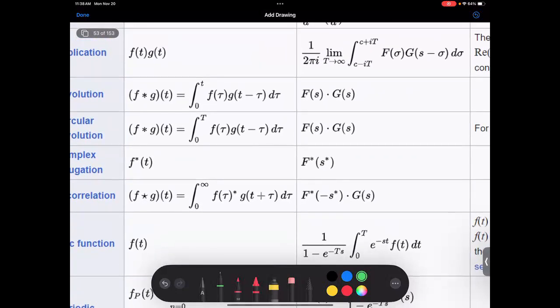And so if I look at the convolution of f and g, the Laplace transform is not surprisingly the multiplication of the Laplace transforms. And the reason is the Laplace transform is the Fourier transform with an output, right? So it has to have the same property. It has to be structurally the same because I'm just changing how I write my variables. So this tells you that the Laplace transform is going to be useful for a lot of things as well.